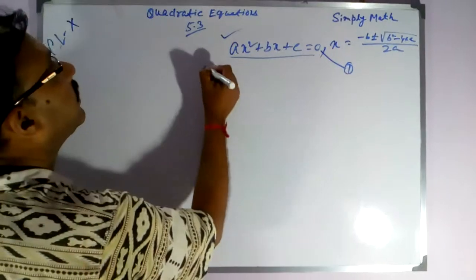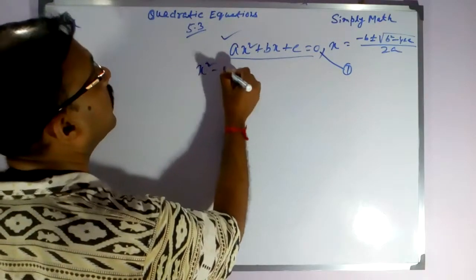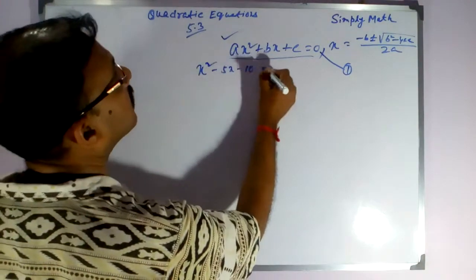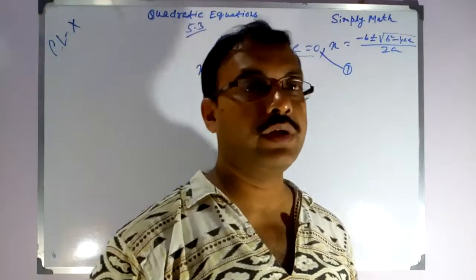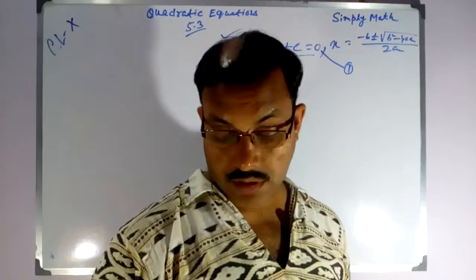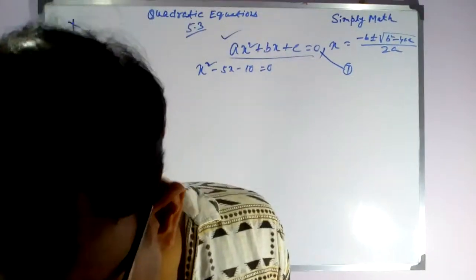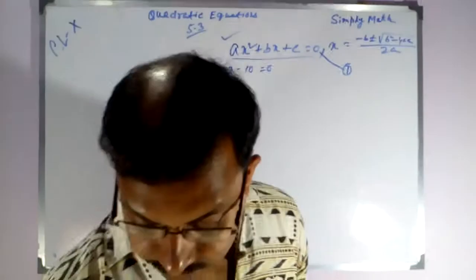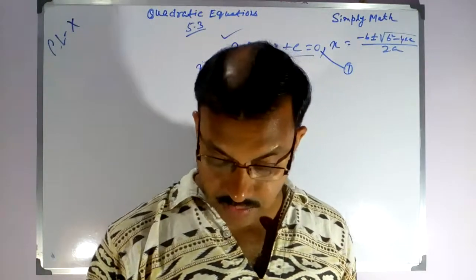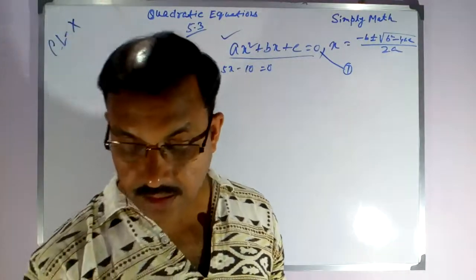Here is another problem. x square minus 5x minus 10 is equal to 0. Find the value to 2 decimal places.